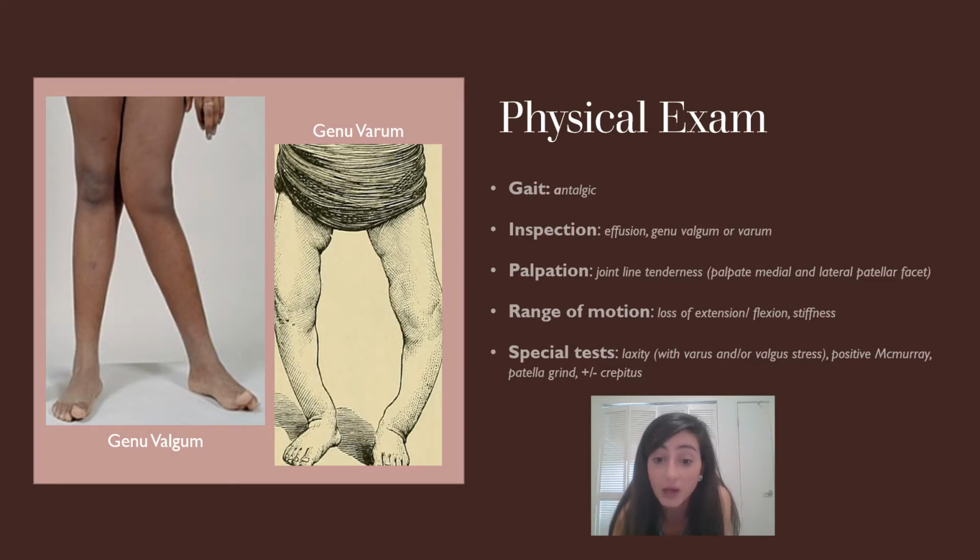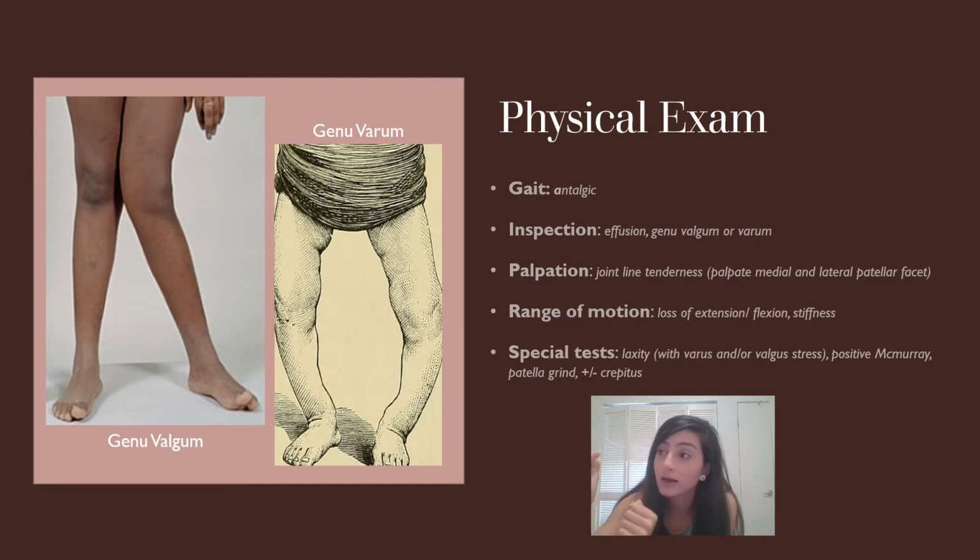You'll also palpate. I'm very thorough about making sure that I palpate the joint line. On physical exam, you can take the knee and feel for the divot right between the femoral condyle and the tibial plateau.